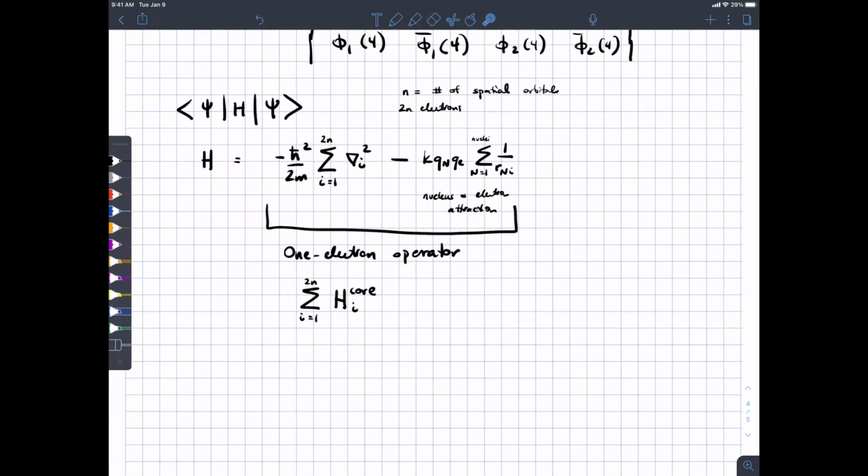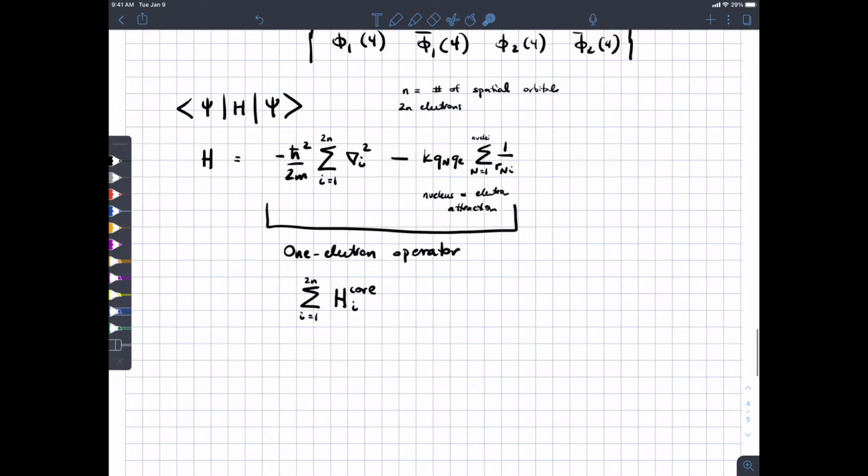Okay? Now, the other part, of course, is repulsion between the electrons. And so this is going to be related to the charge of electron I and the charge of electron J, which are, of course, constant. And then we'll sum that with electron I and electron J equals I plus 1.